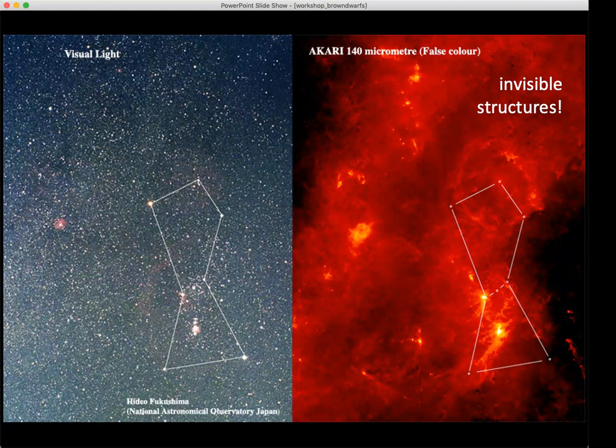In fact, one of the nearest stellar nurseries is down here in the belt of Orion. If you have a good set of binoculars, you can actually see this pretty well. This is where million-year-old stars are actively forming right now. They're forming in this embedded, glowing, dusty molecular cloud, which we can see in the infrared. Can't see it here in optical.